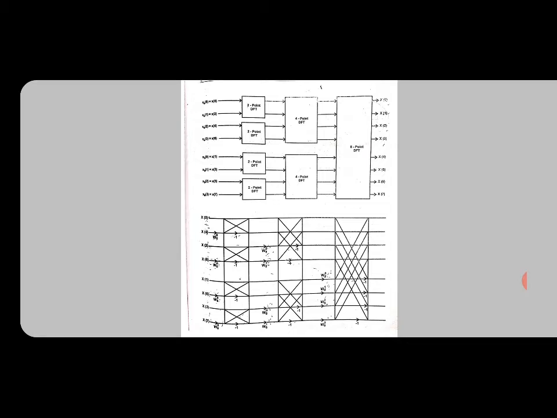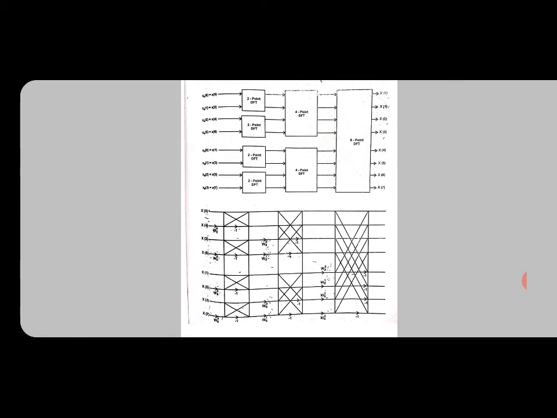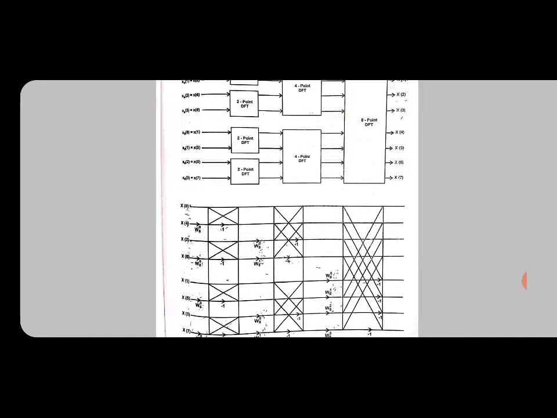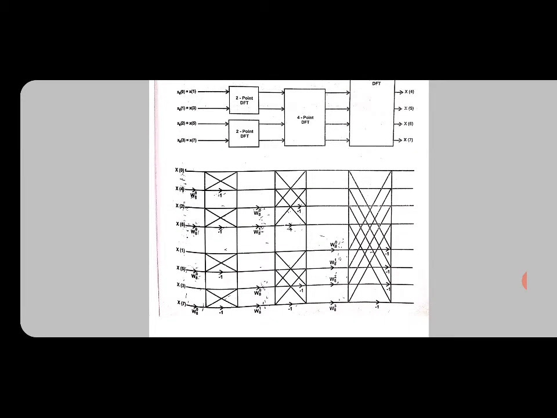In the second diagram also, the input is in bit reverse order and output is in normal order, where input can be given as x of 0, 4, 2, 6, 1, 5, 3, 7, which is the bit reverse order in the case of DIT FFT algorithm.